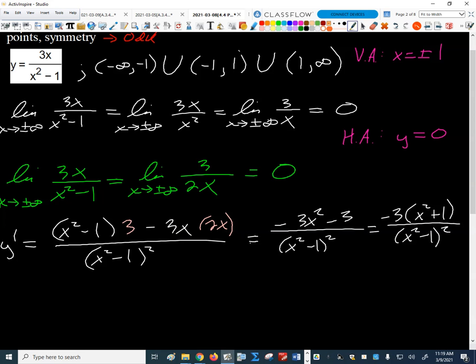Okay, so are there any zeros for the first derivative then? Any zeros for the first derivative? No? Agreed? Top is never 0. Are there any critical numbers where the first derivative is undefined?